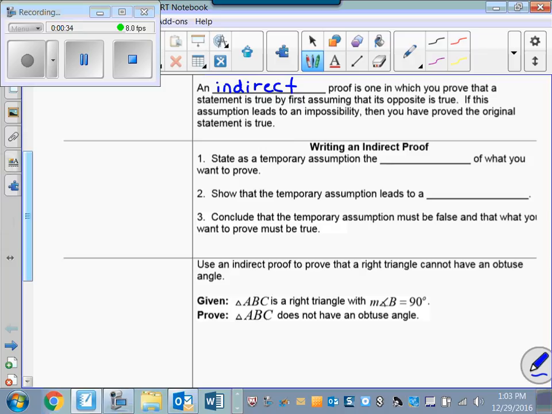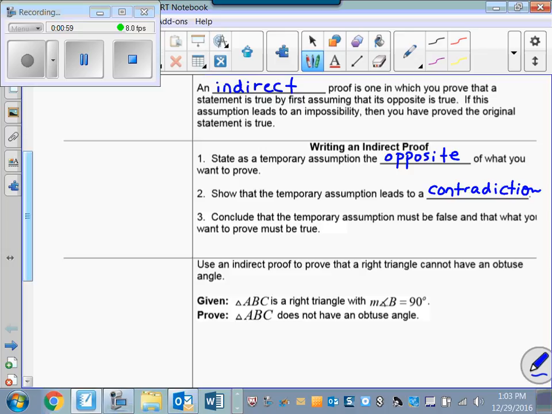But anyway, here's how it goes. If you want to write an indirect proof, the first thing you've got to do is state as a temporary assumption the opposite of what you're trying to prove. Then you've got to show that the temporary assumption leads to a contradiction. I think I said counterexample a minute ago. I meant contradiction.